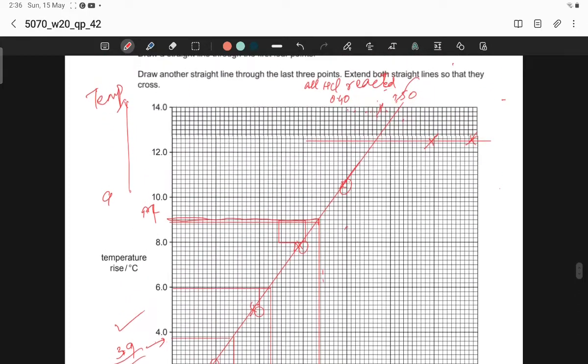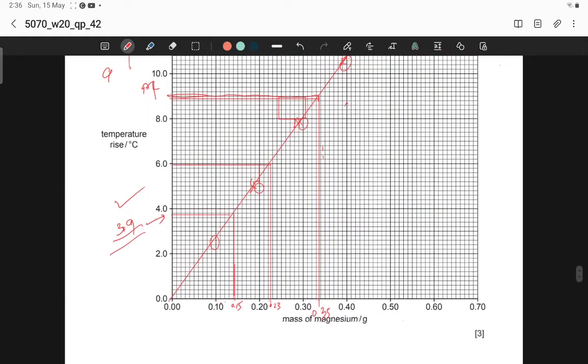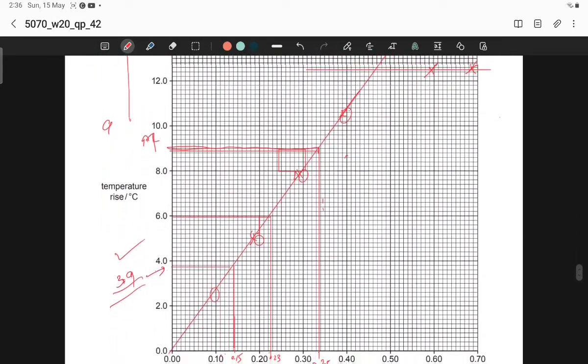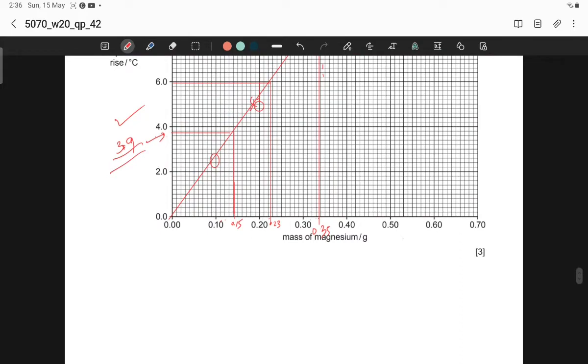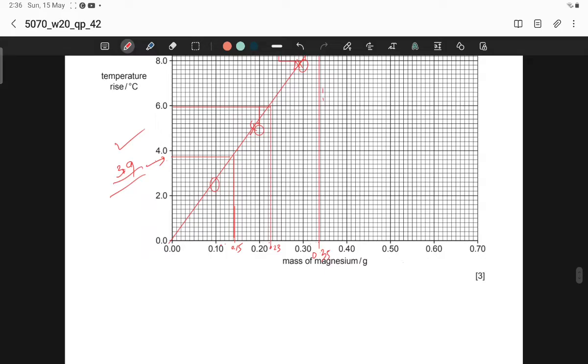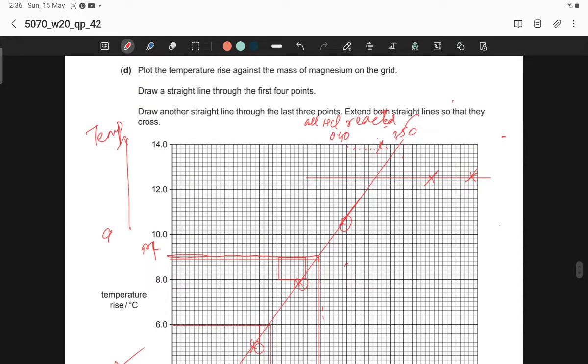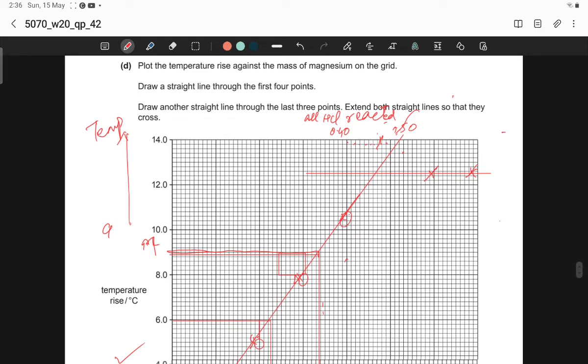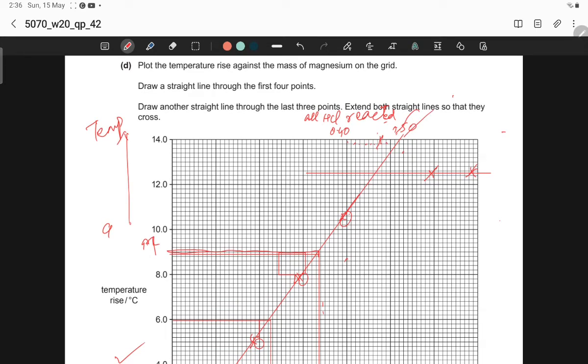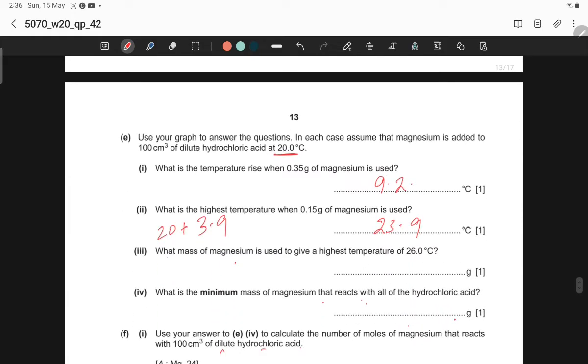What mass of magnesium is used to give a highest temperature of 26 degrees centigrade?